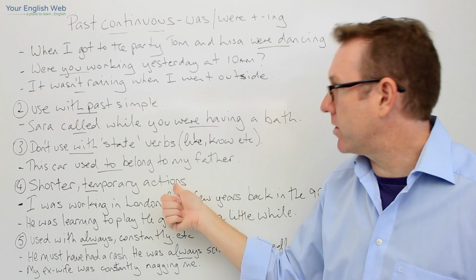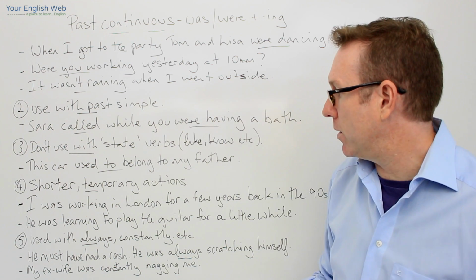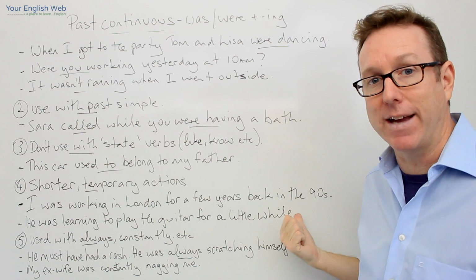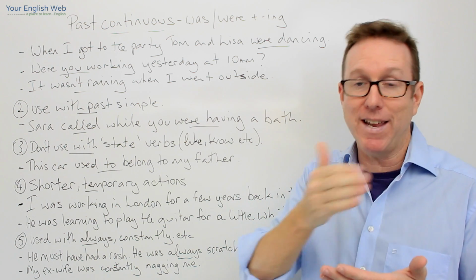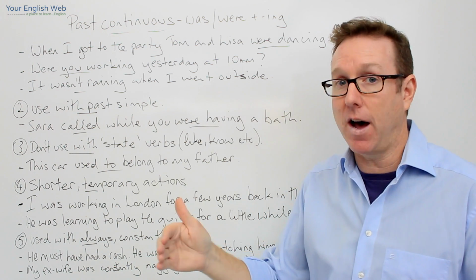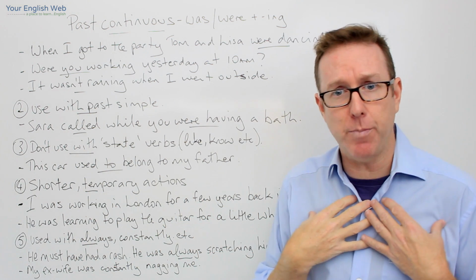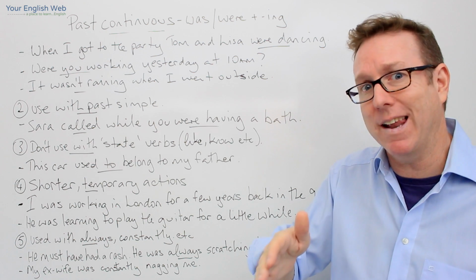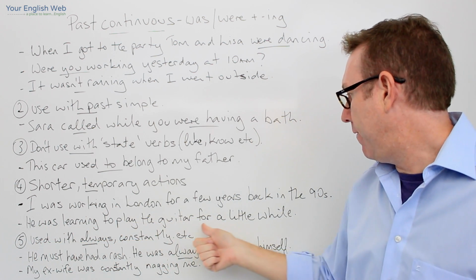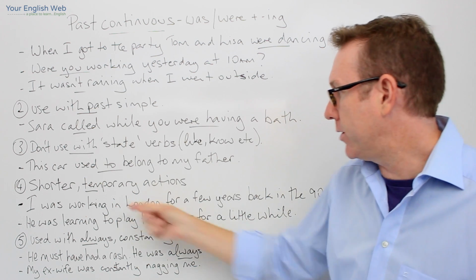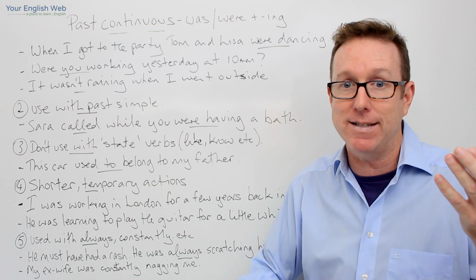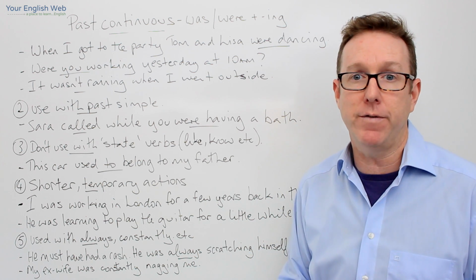Shorter temporary actions, we can use the past continuous here. So, I was working in London for a few years back in the 1990s. That's how I learned to speak English so well, because I was working in London. And he was learning to play the guitar for a little while, okay? So it was a temporary action, a shorter action. He was learning to play the guitar for a short period of time.